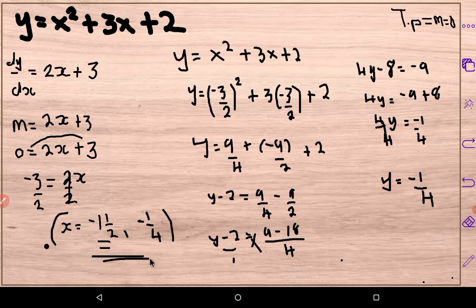And here's what we have. So that is the coordinate now for the minimum turning point. This makes sense. They should be both negative, looking at how the graph is.